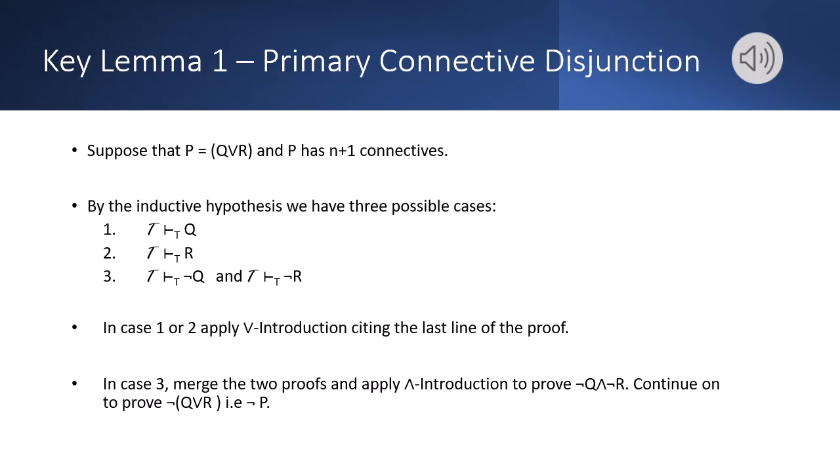And then you can go through and just like we've proved De Morgan's laws in the past, we can from there reason to the sentence, the negation of Q disjunction R. In other words, to the negation of P. So in that third case, we end up with the proof of the negation of P. And because those three cases included all the different possibilities via our inductive hypothesis, we have now established our goal, provided that the primary connective was disjunction.